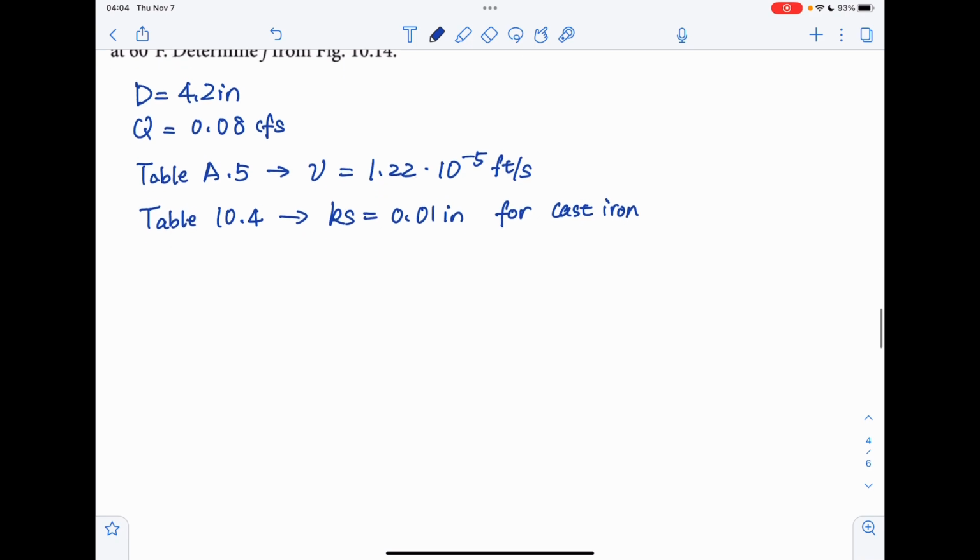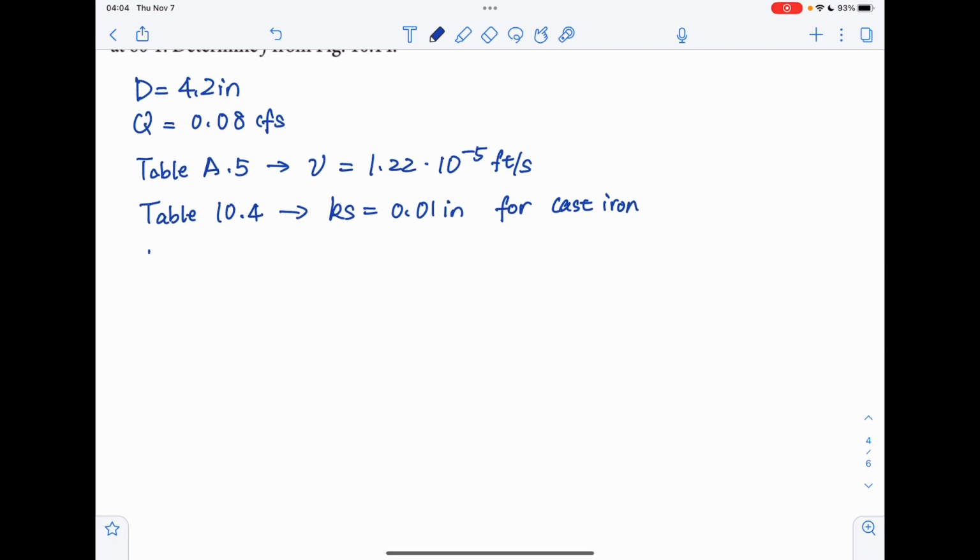So the first thing we're going to do is find the Reynolds number. Re equals 4 times Q over pi D times the viscosity.